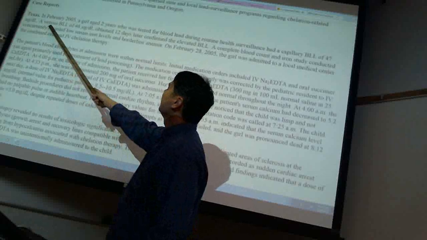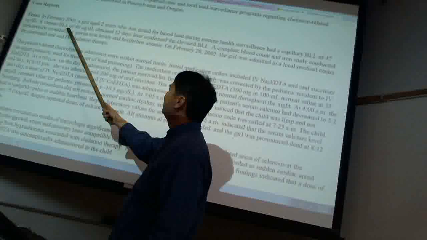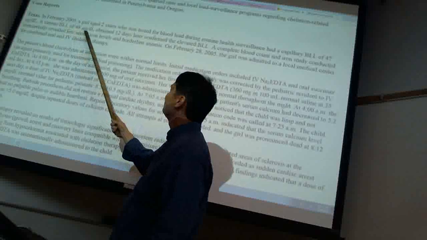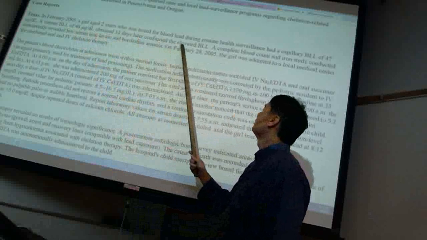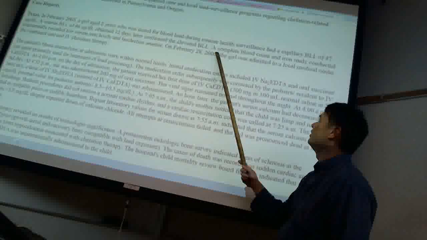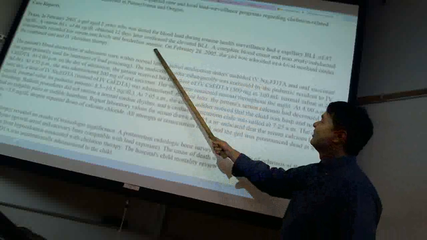Is that right? Yeah. A venous blood lead level of 48 micrograms per deciliter obtained 12 days later confirmed the elevated blood lead level. Okay, complete blood counts, etc., borderline, whatever.